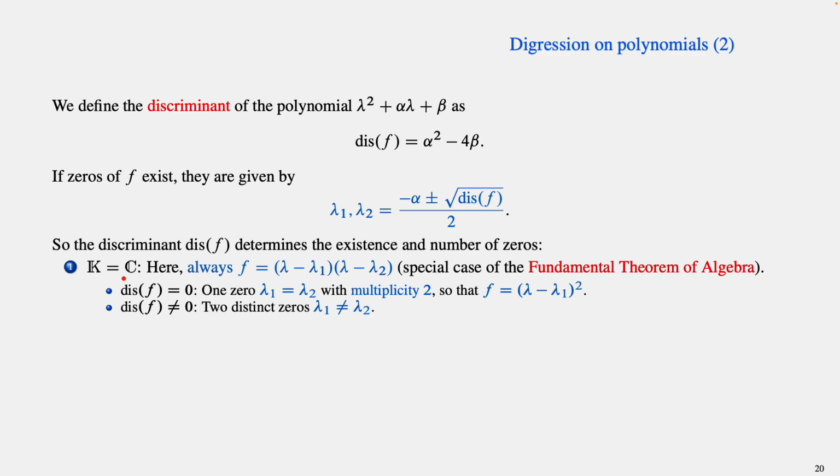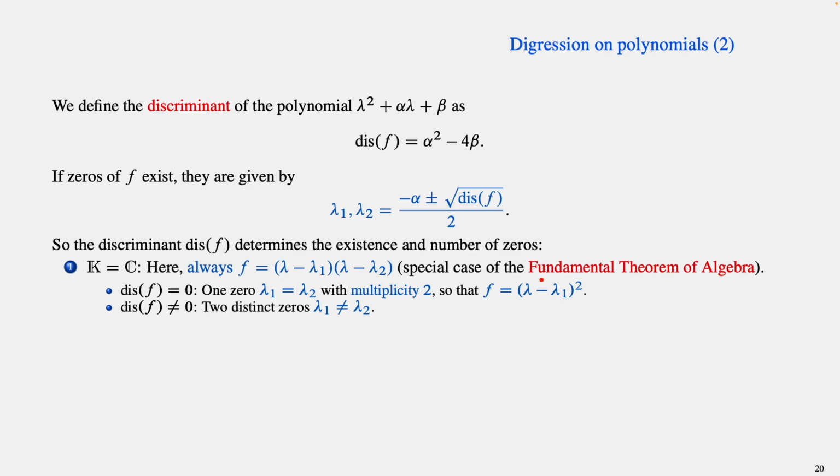First, we look at the case where our scalars are complex numbers, and here it is always the case that f is equal to such a product of two linear factors, as we have seen on the slide before. And that is the case because every complex polynomial has a zero in the complex numbers.